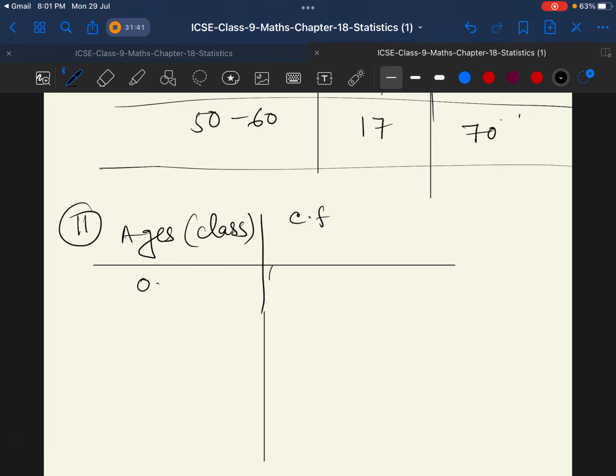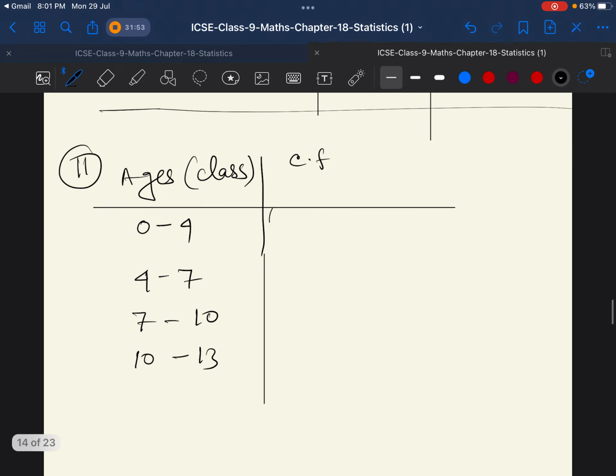Here you see the class below 4, that means 0 to 4, below 7, 4 to 7, below 10, 7 to 10, below 13, 10 to 13, and below 16, 13 to 16.